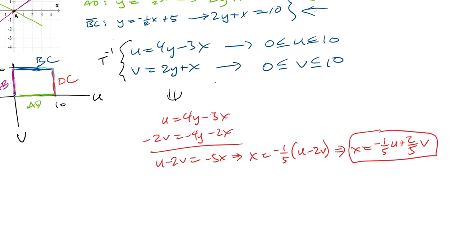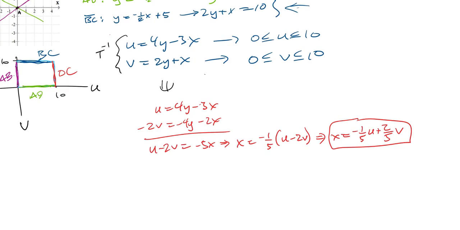Now, if I take those two equations and I want to get rid of the x, I multiply v by 3 on the bottom. So this is u equals 4y minus 3x, and 3v equals 6y plus 3x.